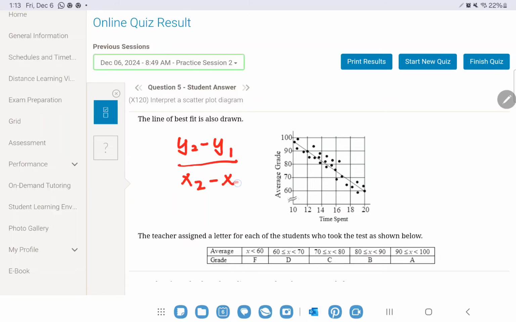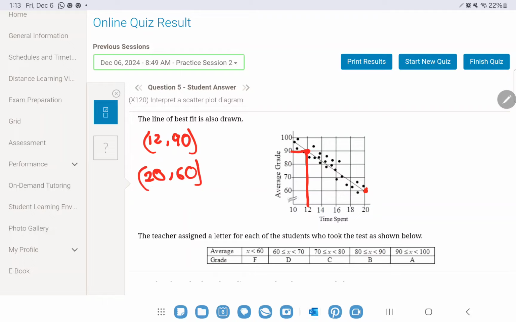The x and y are points you choose. You always have to choose the points that are in the middle, like on the line. Here, there are only two that are touching the line. 12 and 90 are your first 2 points, and 20 and 60 are your second 2.